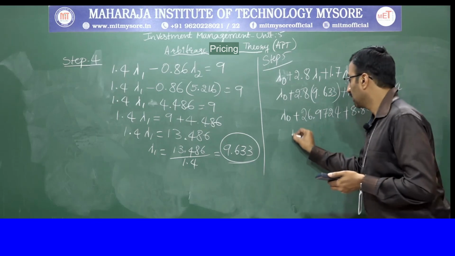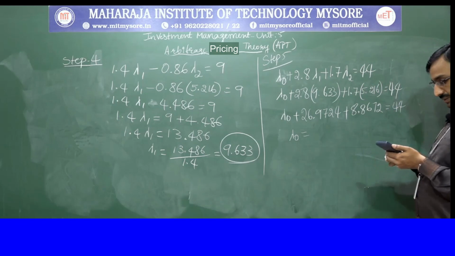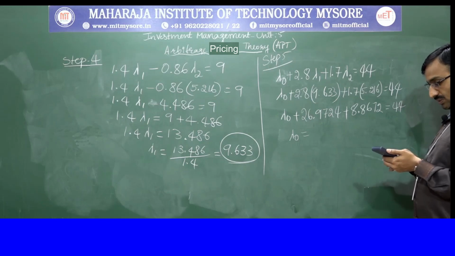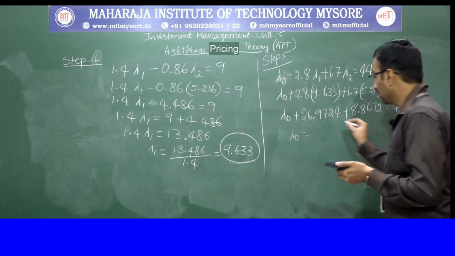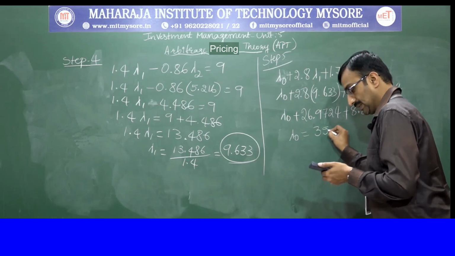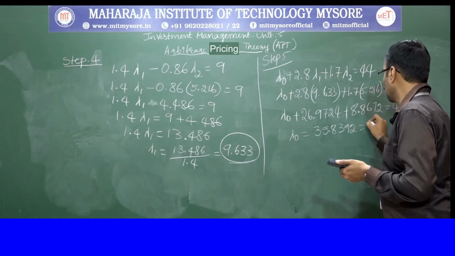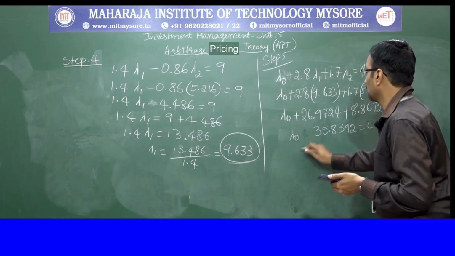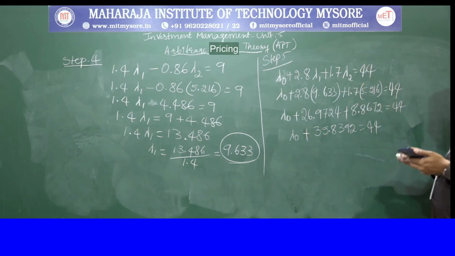Okay, so lambda naught plus 26.972 plus 8.867, if you do, you will get 35.8392, that is equal to 44.